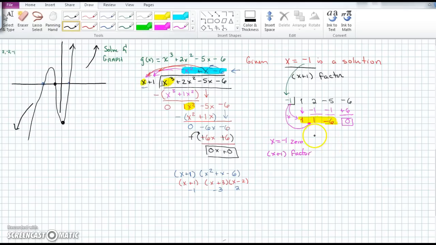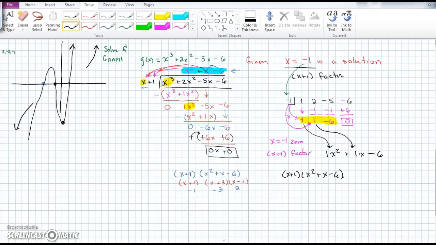So I've got 1x squared plus 1x minus 6. The same thing we got doing it the other method. So my factors are x plus 1, x squared plus x minus 6.